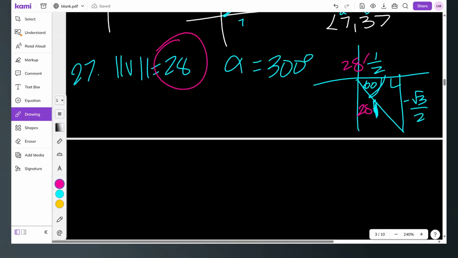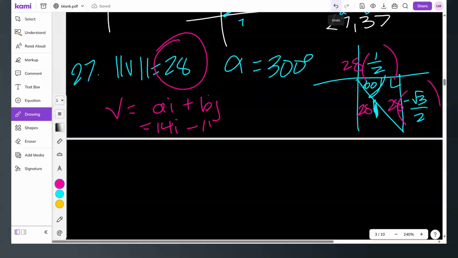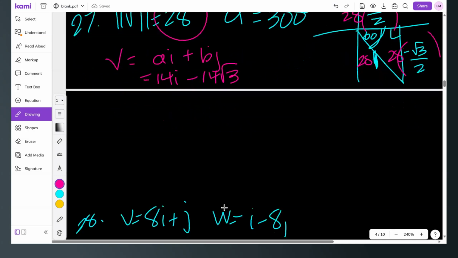I multiply my x coordinate by 28 and my y coordinate by 28. I know that A is 28 times 1/2, or half of 28, which is 14. And I know B is negative 14 times the square root of 3 when I reduce that. That's it. So use what you know about trig, draw your triangle, and then create your vector.